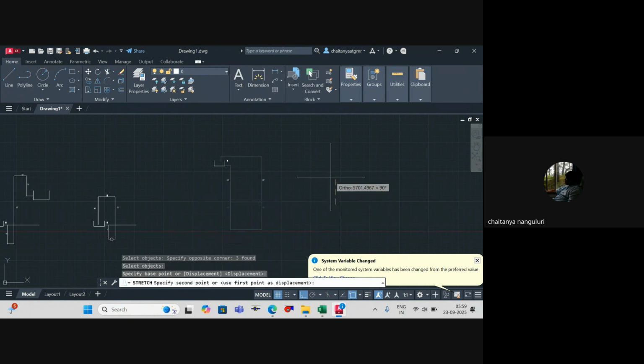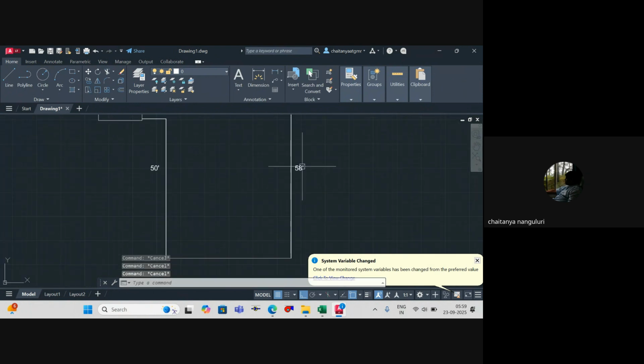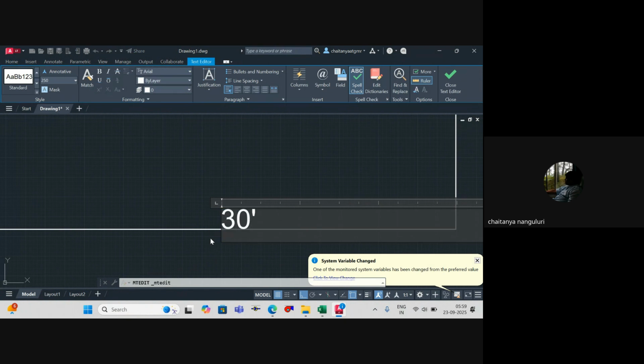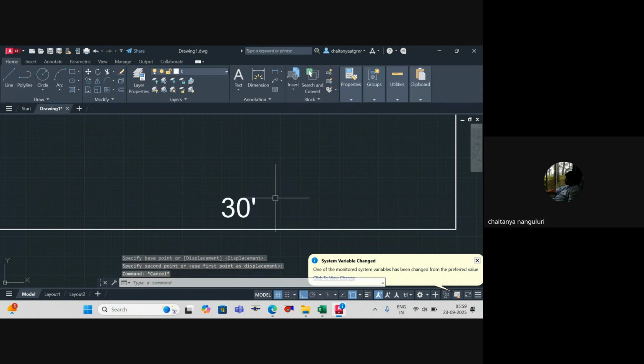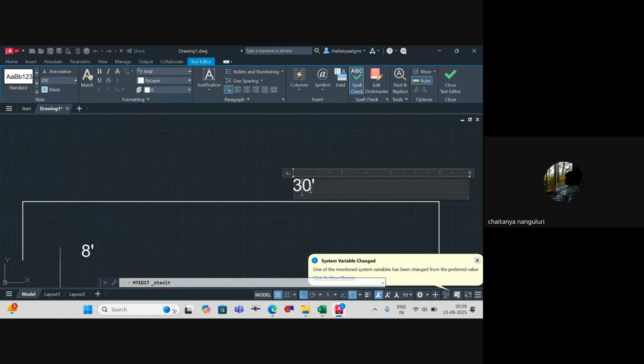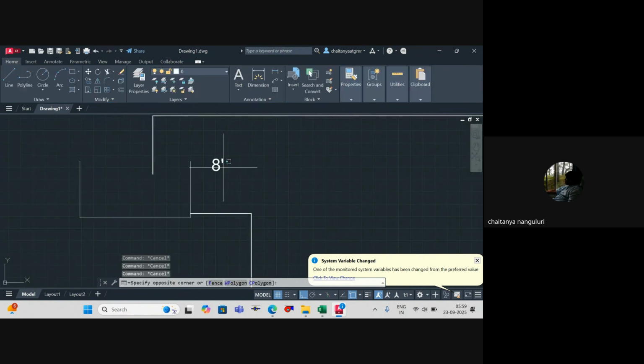Anyway, 58 feet. And this is some 30 feet. So obviously 35 feet or something. And this is 5 feet.